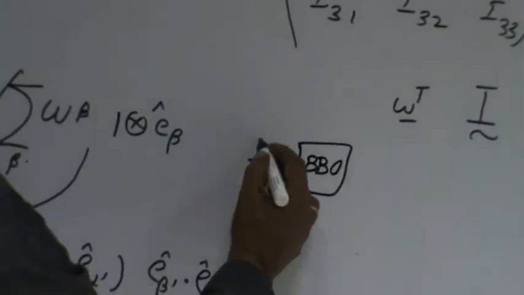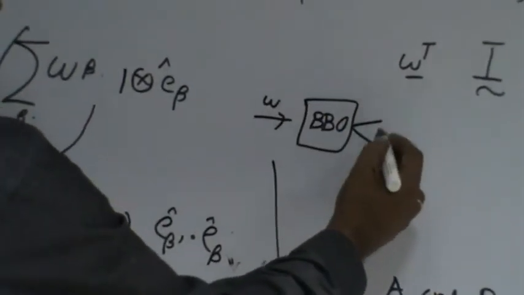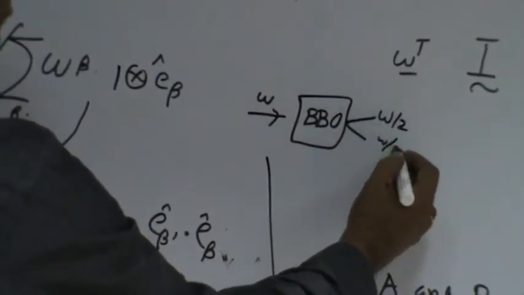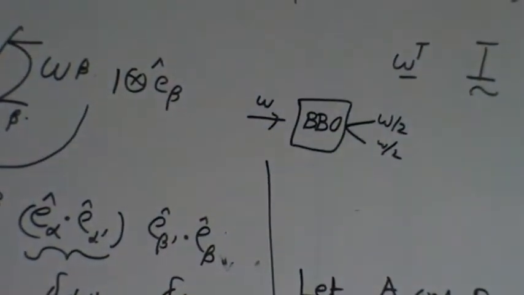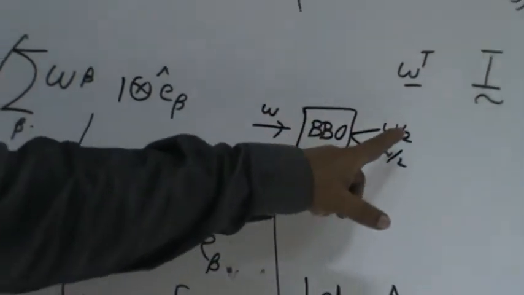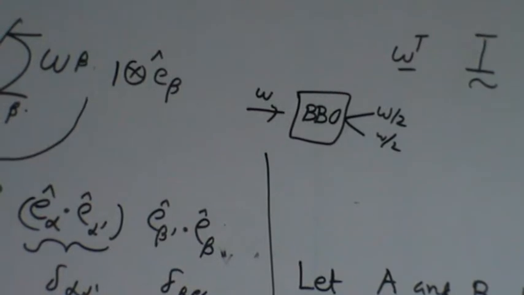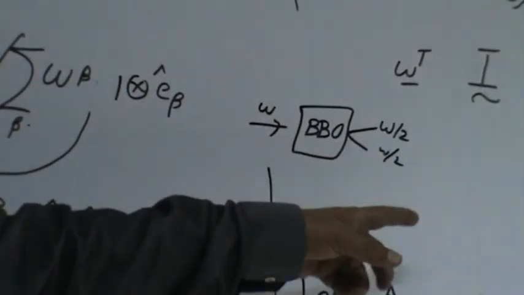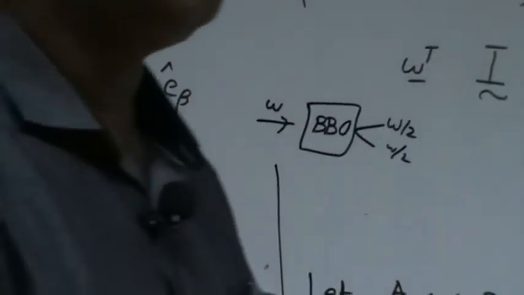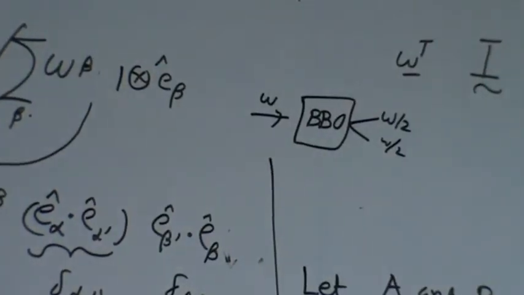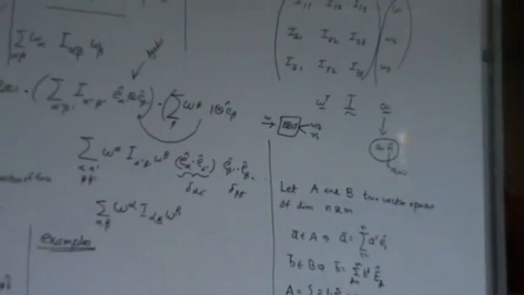You send photons of frequency omega here, leading to 2 photons of frequency omega by 2, and there will be a definite relationship between the polarizations of the photons. For this crystal, I think these two will have perpendicular polarizations. For certain other materials, these 2 photons coming out will have the same polarizations. So you will have a very controlled way of producing pairs of photons whose polarization is fixed.